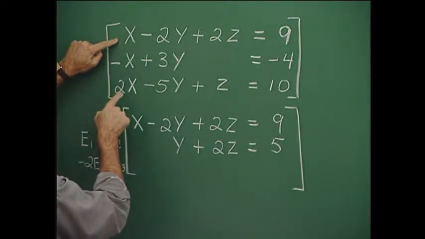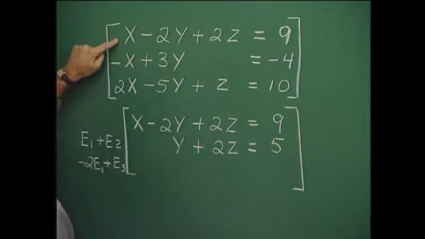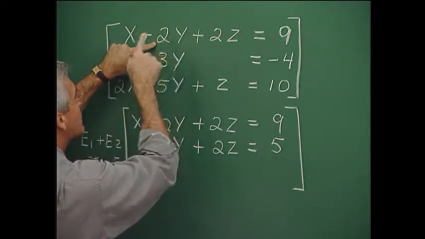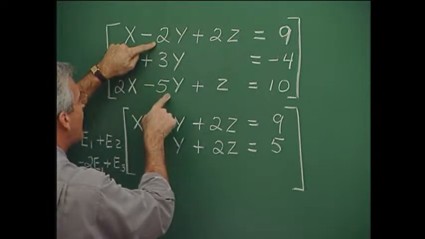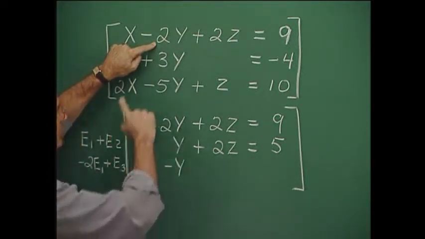Now, in order to achieve a 0 here, we're working with the second two rows, row 2 and row 3. All we need to do is add those two rows and put the results here in row 3 in order to accomplish this 0 in this position.